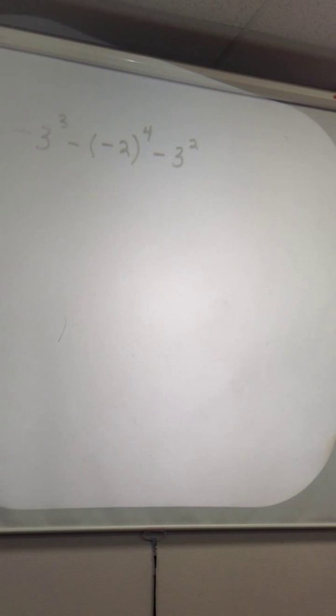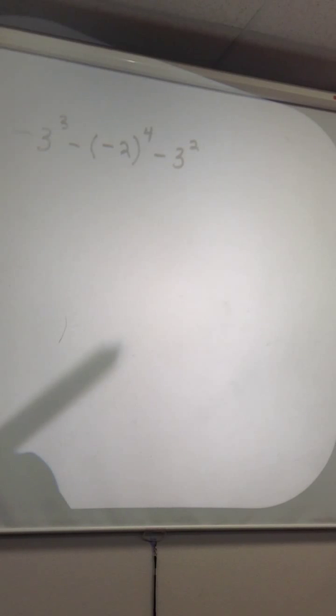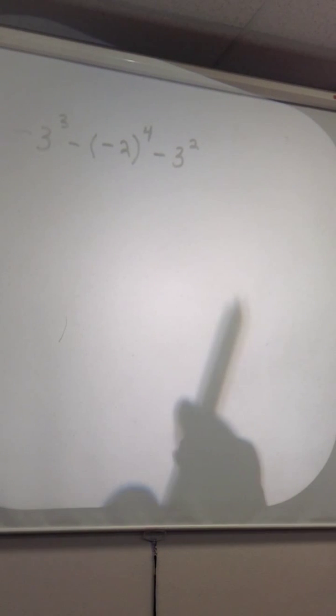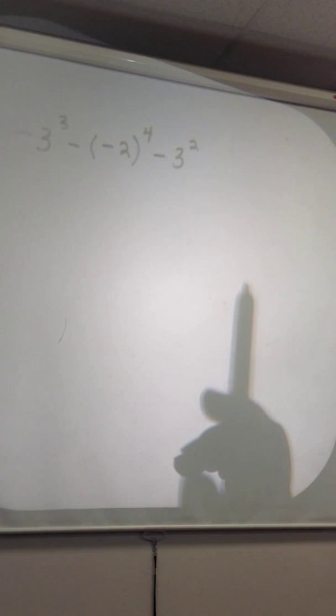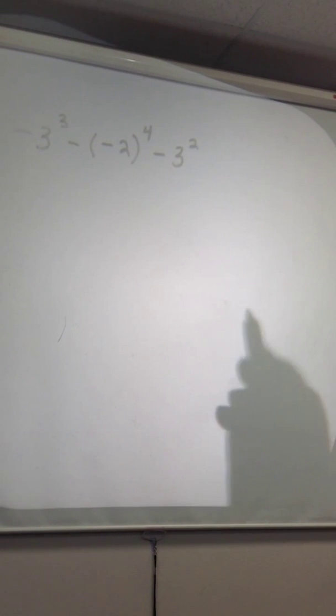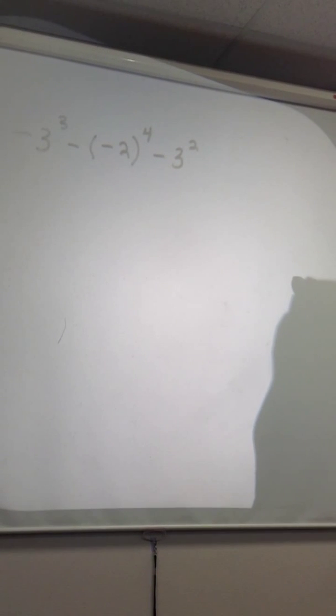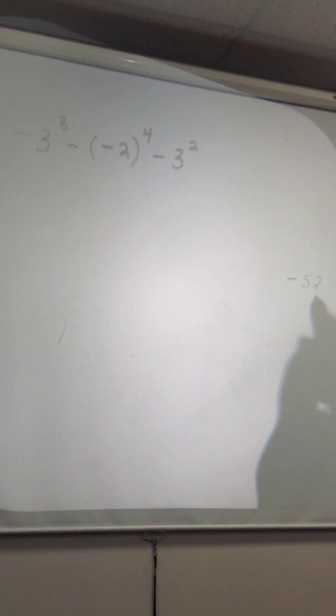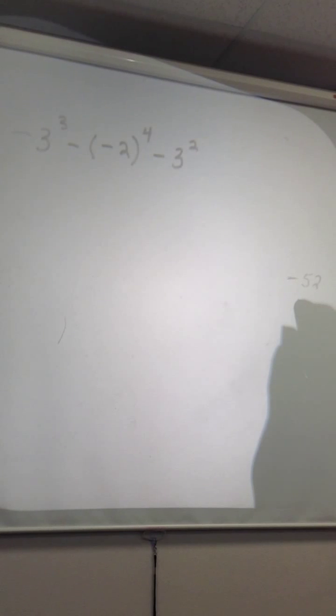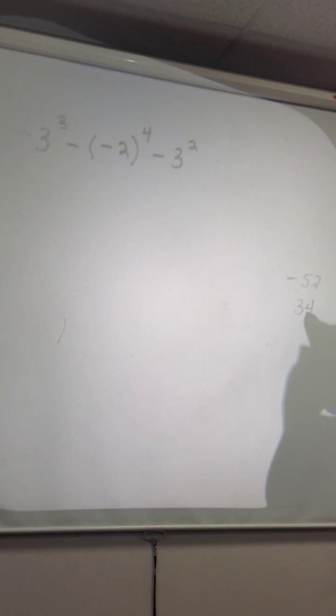All right, Christian, what do you get? Wait, you're not finished yet, did you say? You're Christopher, he's Christian. All right. How about you, Rochelle, what'd you get? -52. Okay. What'd you get, Brenda? You got -52. Ellen? 34. Okay. What'd you get, Alan?